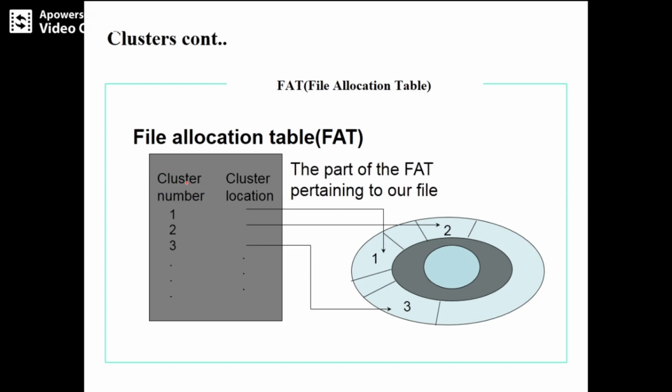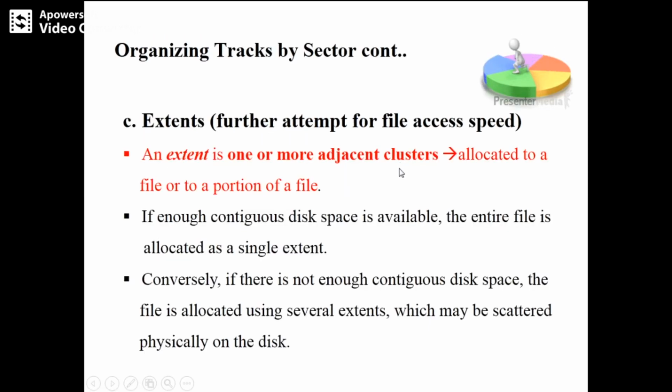Okay, so this is the file allocation table where you have the cluster number and the cluster location, the address where exactly it is present. Okay, so cluster number 1, 2, 3 and its particular address in the disk. This is a track and this is the address of cluster 1, cluster 2 and cluster 3. So directly we can get the data from this particular address. Okay, so this is about the cluster.